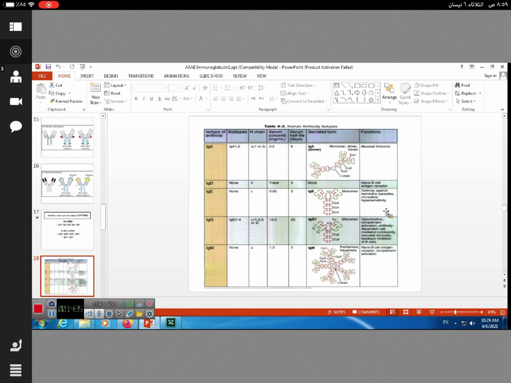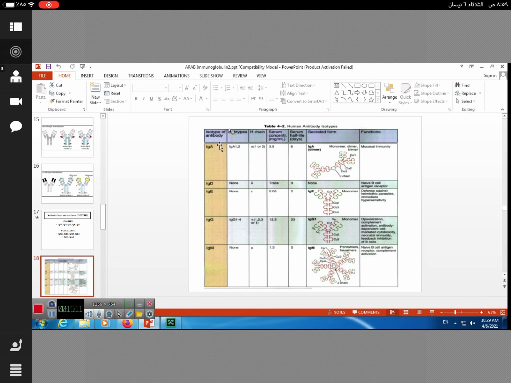All 5 classes of antibody on the B cell surface have monomeric form, but IgM and IgA in secreted form have a pentameric form in IgM and a dimeric form in IgA.